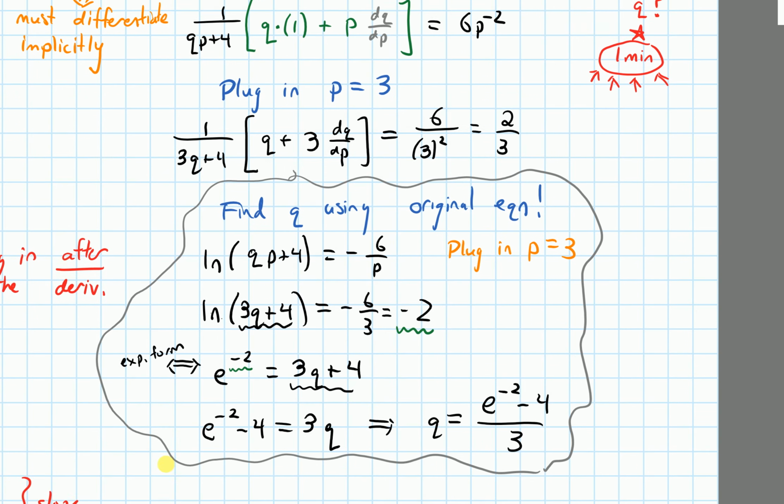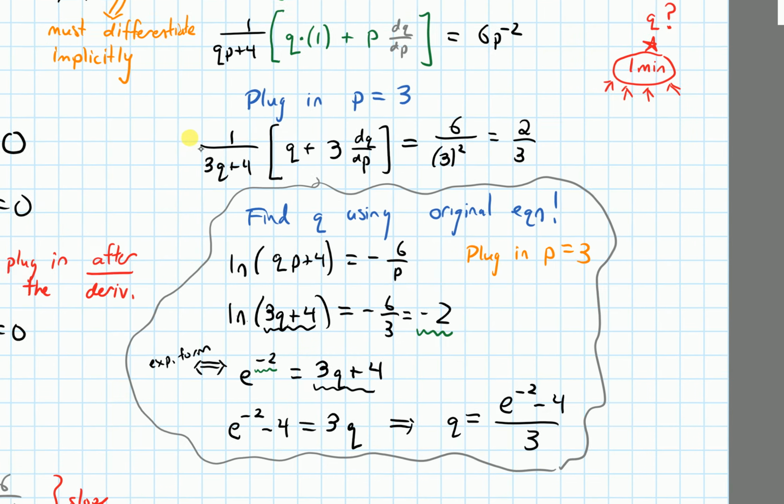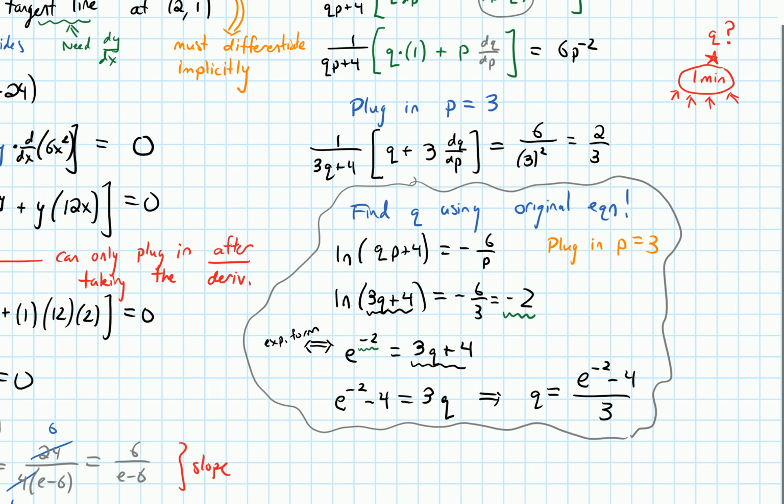All right, so now that we have that value of q, we are ready to plug it in here. Because that's where we were after we had taken the derivative and plugged in our value of p. Now we want to plug in our value of q into this equation.